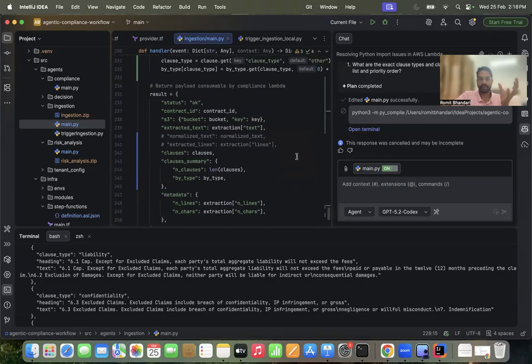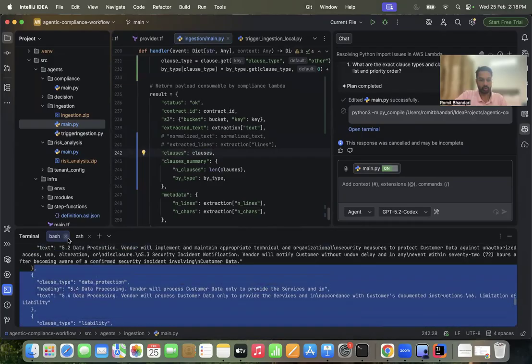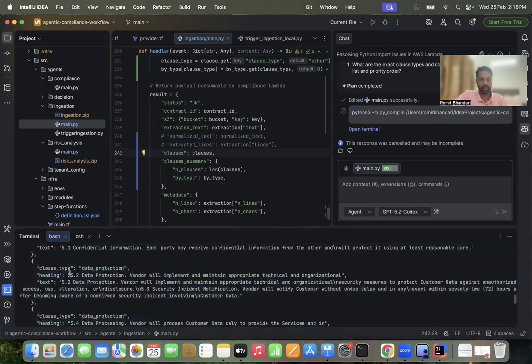So instead of the extracted text, although we are sending it right now, this total text we can remove, and we can only have the clauses here, which will be an array containing different clauses. Like here I just printed it out to show you that it could be like this: clause type and the heading and the text under that clause, something like that.